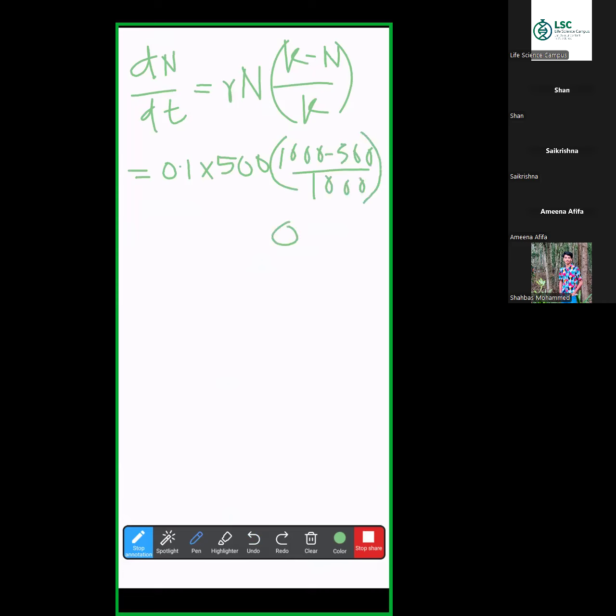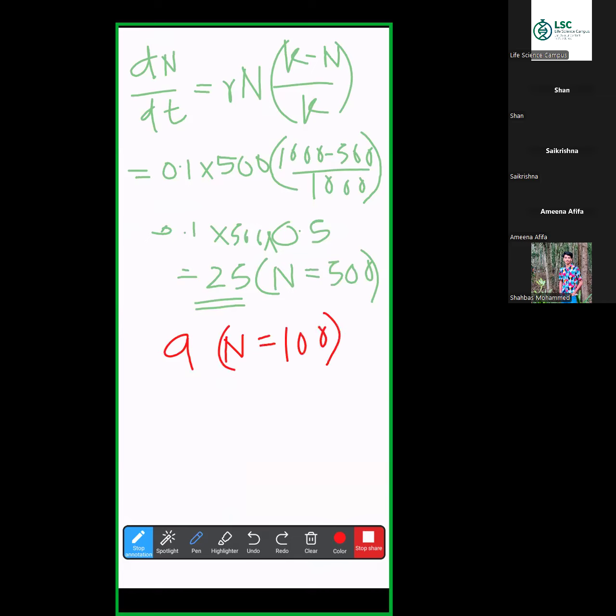That is 0.5. So 0.1 into 500 into 0.5. We will get 25 as the answer. So 25 is got when N value is 500. Also we have delta N by delta t as 9 when the N value is 100.